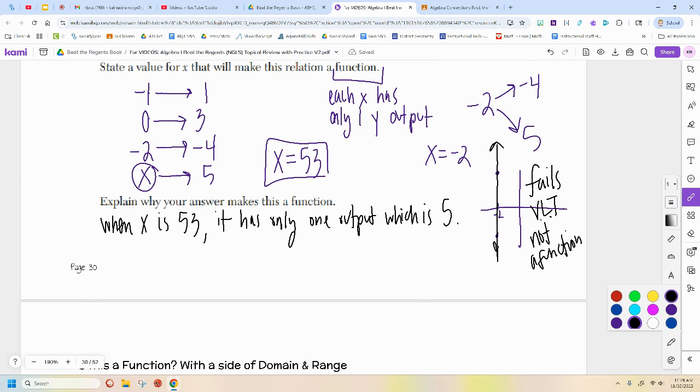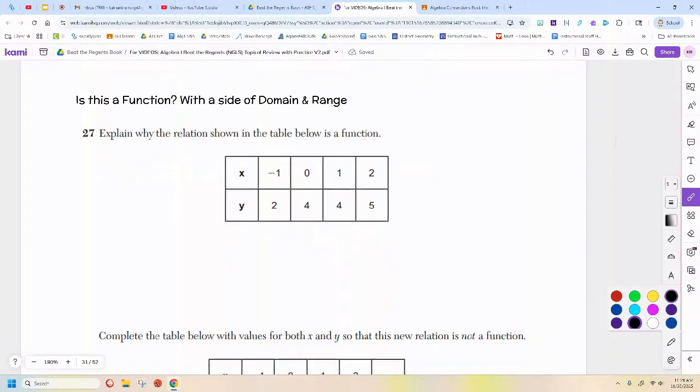You could say that. You could say no x values are repeated. That's another way to explain that. All right, turning the page.